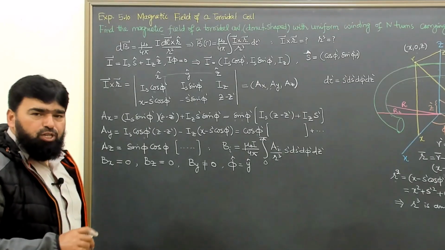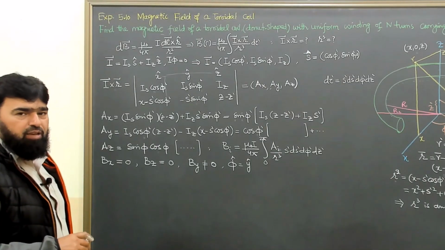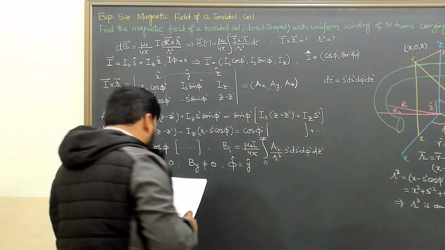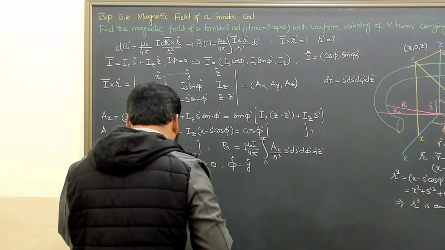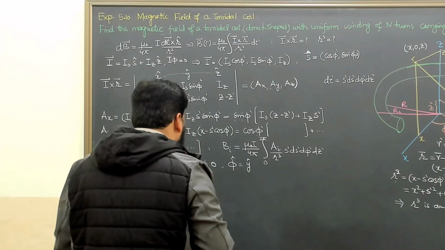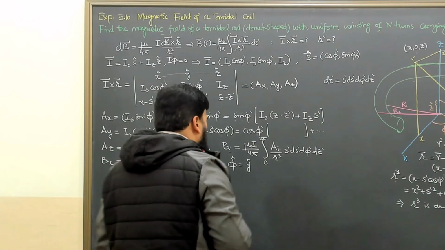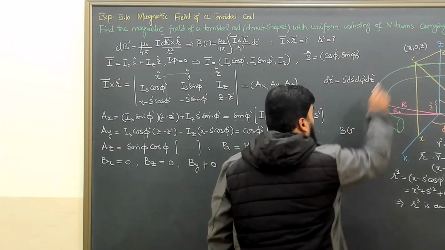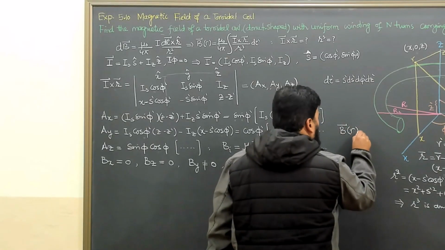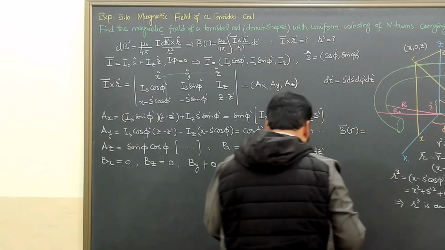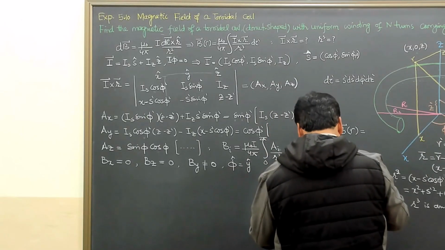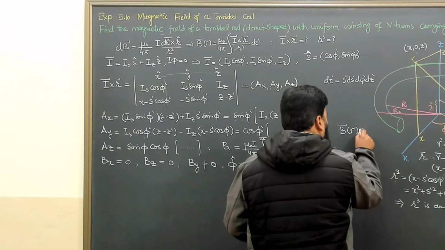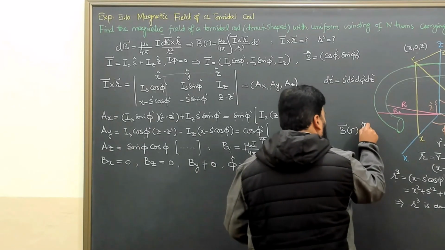And that's the only contribution that we have at x, 0, z here. So this gives us a decision point that B at the observation point is basically the value of B, and the value of this B is only along the phi unit vector.